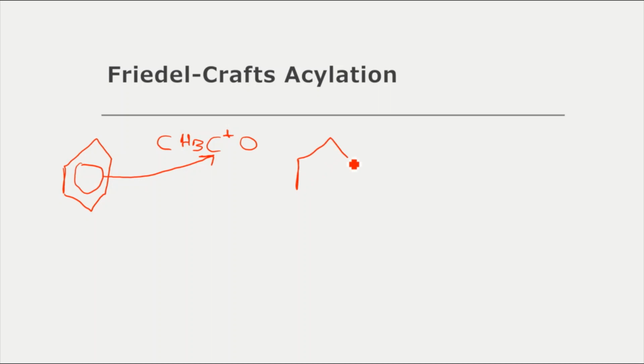That would form a bond with the electrophile, and remember that my ring will no longer be a full circular ring, rather it would now be in a horseshoe shape, and I would have a plus in the middle. Now it's bonded. Because we bond to that C plus, this would look like COCH3, and I would also have an H there.